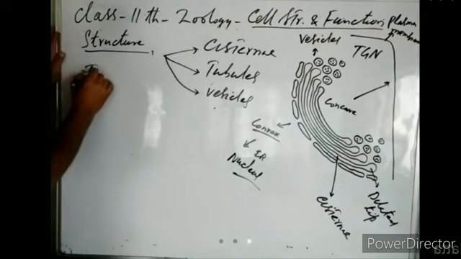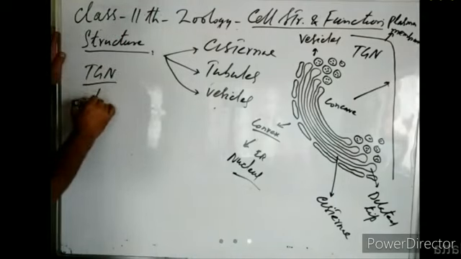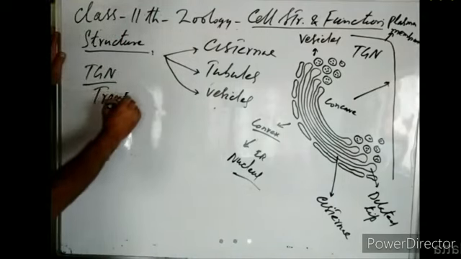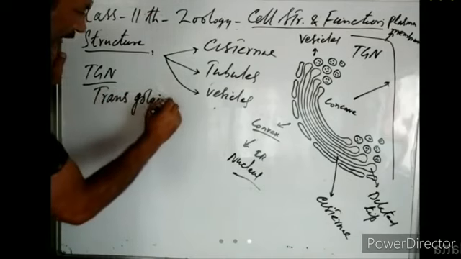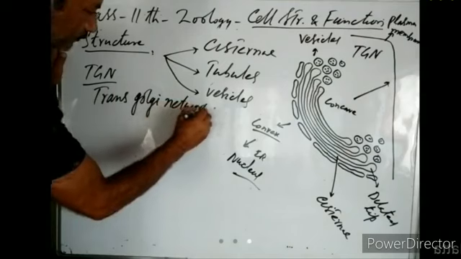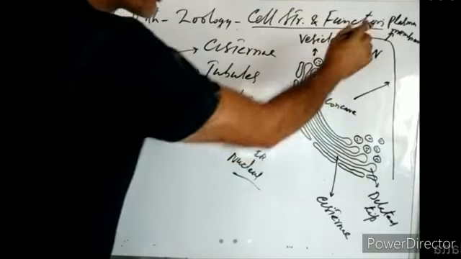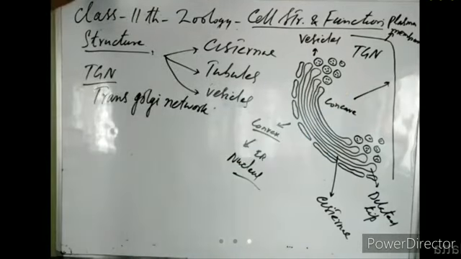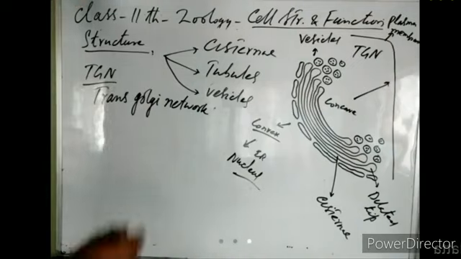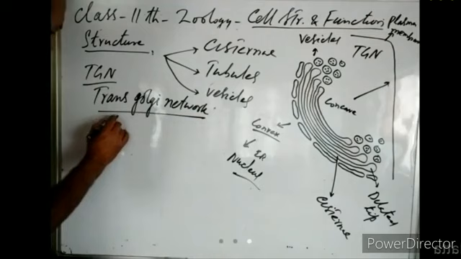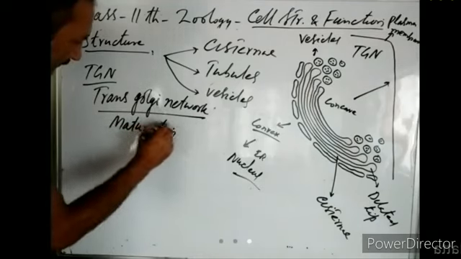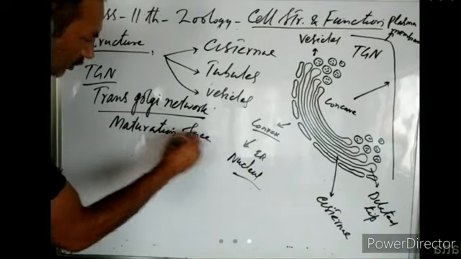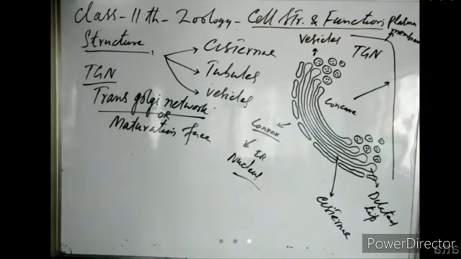TGN stands for Trans-Golgi network. We also call it the maturation phase.